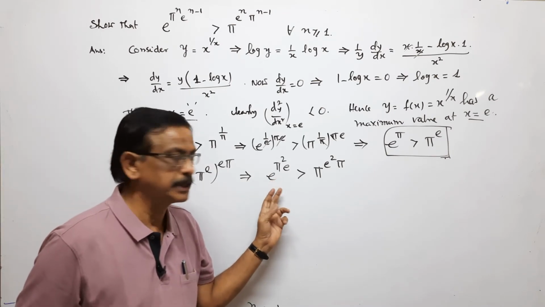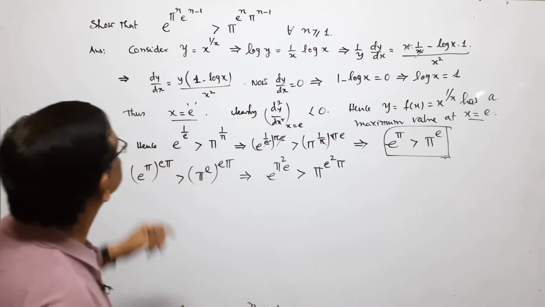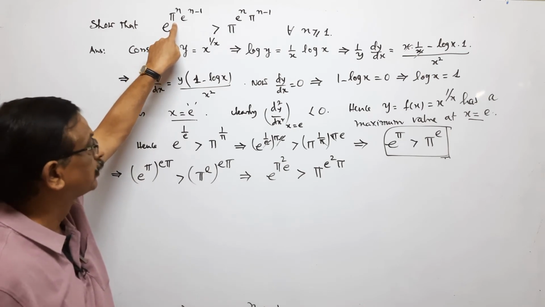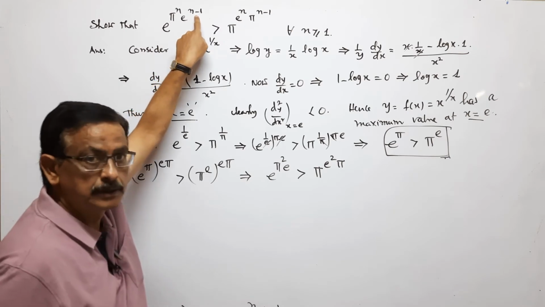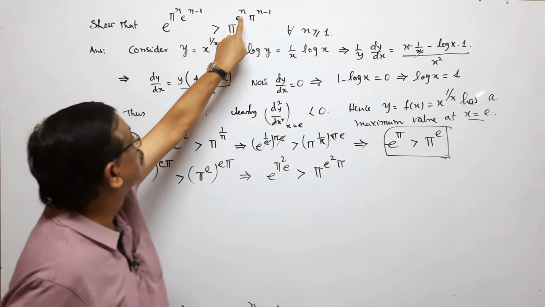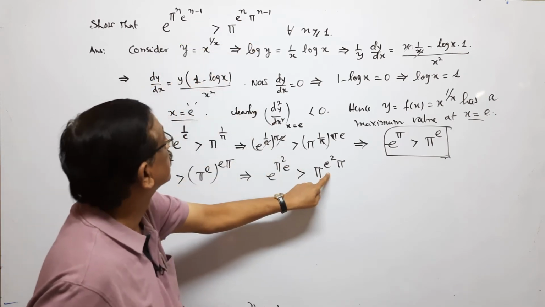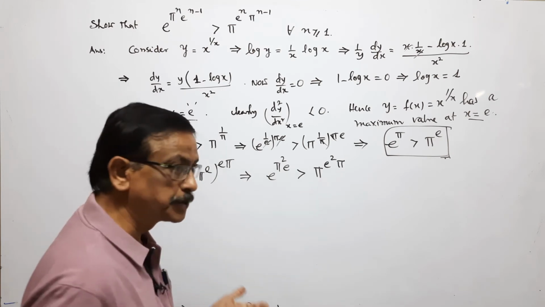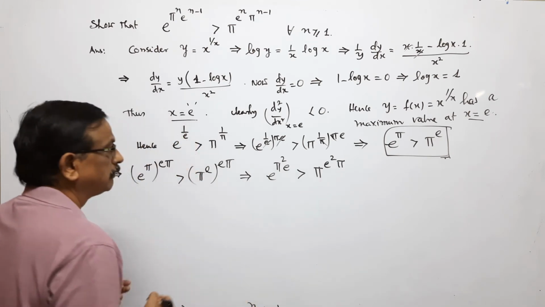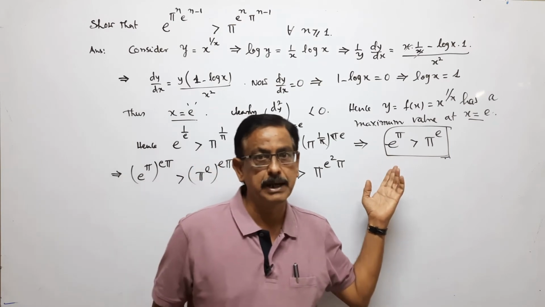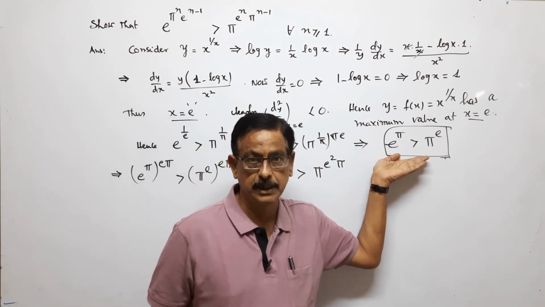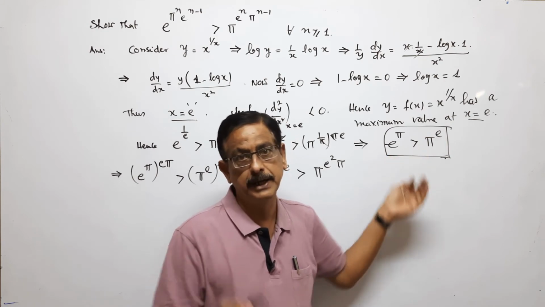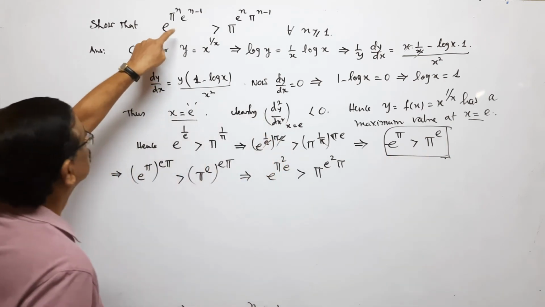You can write e power pi square e or e pi power e square pi. Looking at n equal to 2, e power pi square e. If I put n equal to 2, e pi power e square into pi. So n equal to 2, it is true. Now the result can be applied because basically I have proved that e power pi is greater than pi power e. Hence by induction I can prove the result.